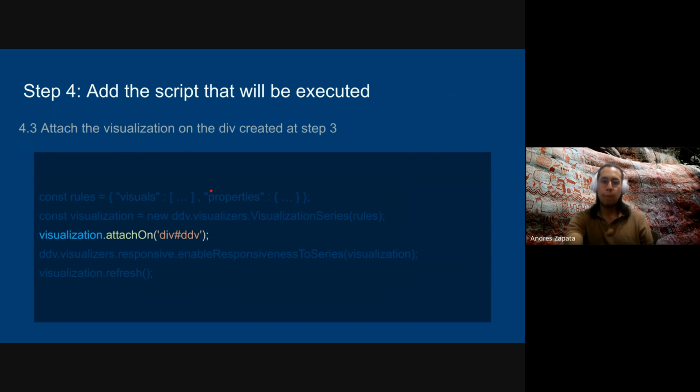After that, we will attach the visualization, specifying the exact element that will be used for the rendering. In this case, it is the div with the unique ID DDB. But again, if you define a different ID for your div tag, make sure that it also corresponds to the ID that you specify in this part of the code.